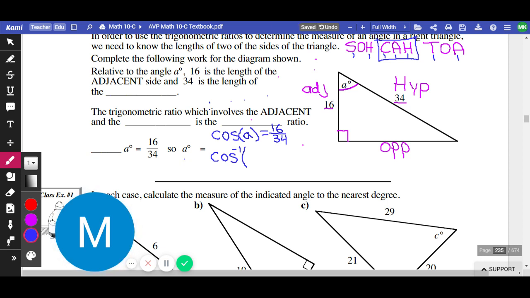When you do that, what you've done is you've taken your angle and you've taken your ratio and you've switched them spots. So now it's second cos 16 divided by 34 in the brackets. And that will equal A.